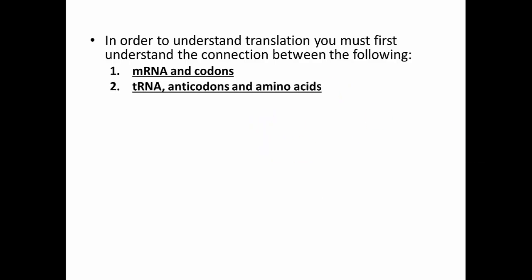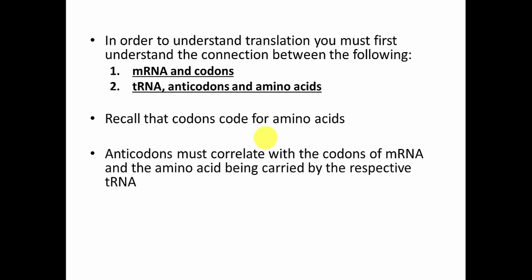Recall that codons code for amino acids. One of the most amazing things about it is that the anticodons have to correlate with the codons of the mRNA and the amino acid being carried by the respective transfer RNA molecule. So many things have to happen here. It's astonishing that this is the way life actually works.